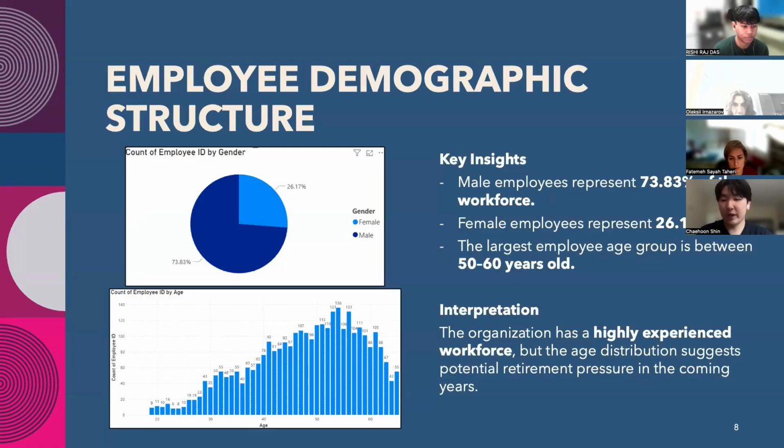The largest employee age group is between 50 and 60 years old. I can tell it's a little bit senior, and the organization has a highly experienced workforce, but the age distribution suggests potential retirement pressure in the coming years.